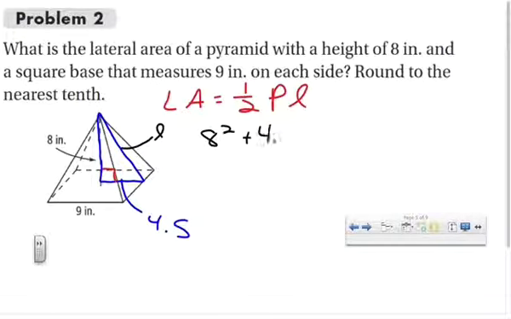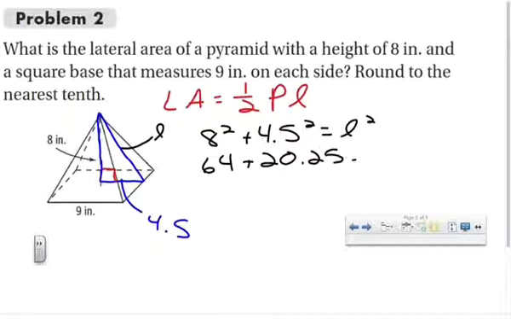So 8 squared plus 4.5 squared equals L squared. I think that's 20.25. So L is approximately 9.2.